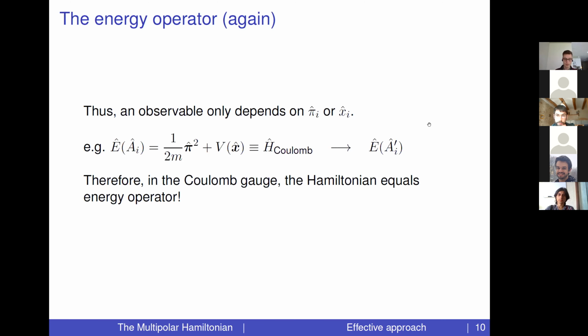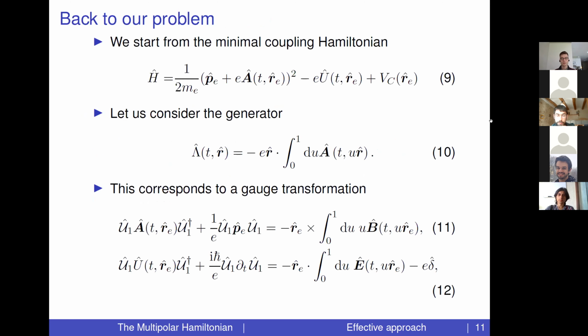All right. Now that we discussed this again, let's go back to our problem. We started with a one-particle minimal coupling Hamiltonian associated with the electron and the Coulomb potential generated by the classical proton. Now we can consider a canonical transformation, a unitary transformation that is generated by capital Lambda.